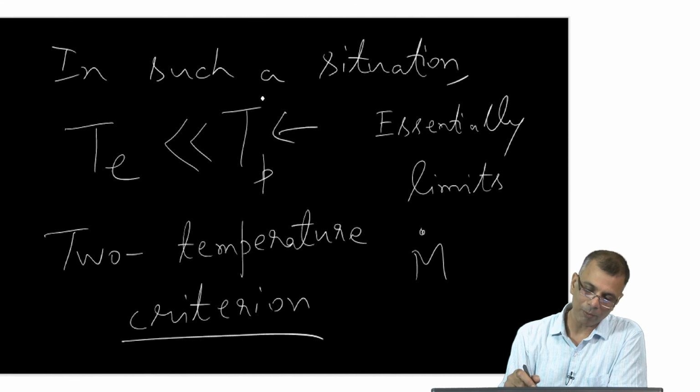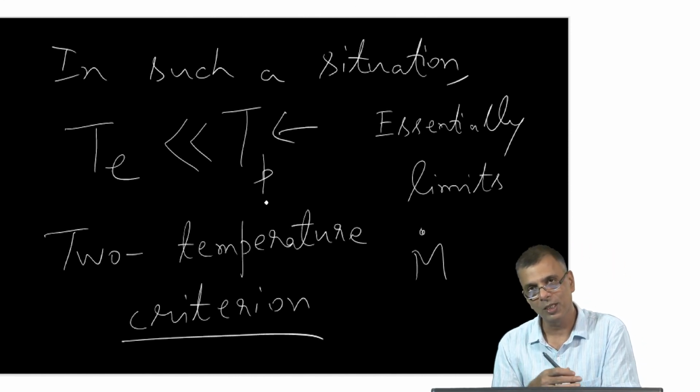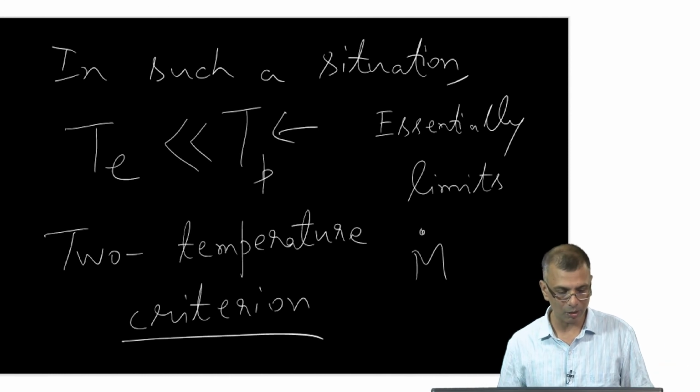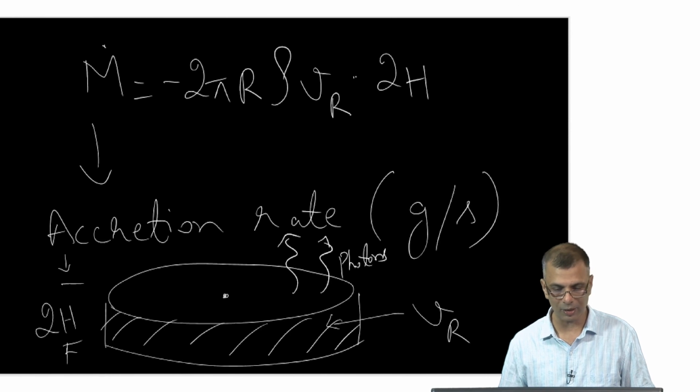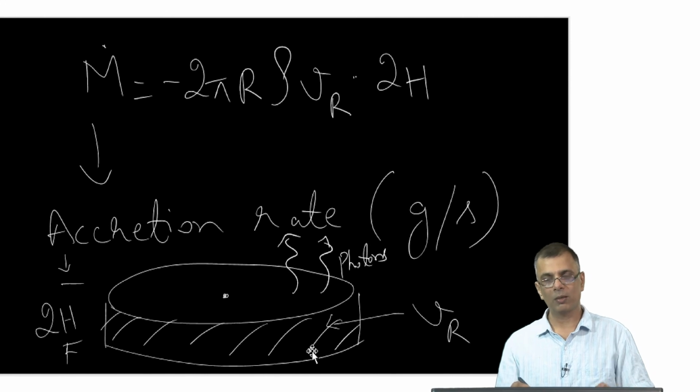Okay, when the temperature of the protons is so high, the mean free path of the protons is much larger. Many times it becomes larger than the disk height. And so when the mean free path of the protons is larger than the disk height, there are problems, right?